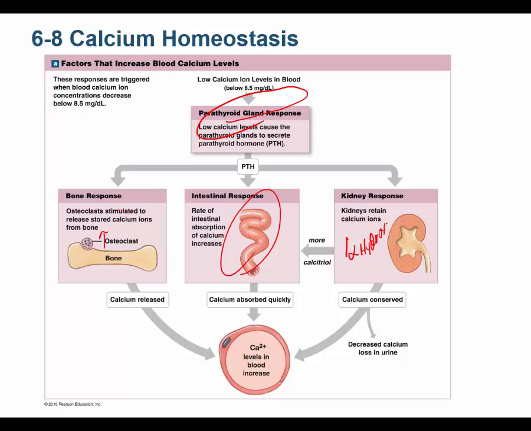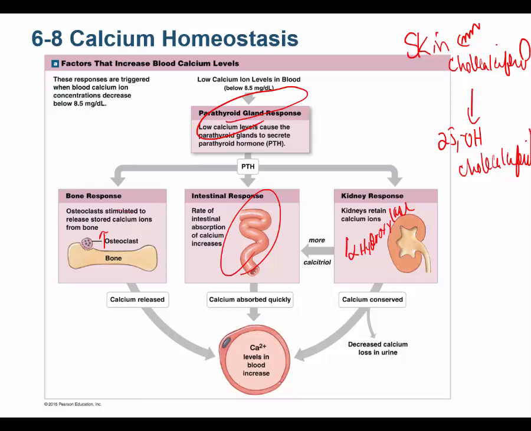Now, I'm going to take you back to the skin chapter. Remember, in my skin, I have cholecalciferol. And sunlight hits my skin, and I make cholecalciferol. And then what happens is that goes to the liver and becomes 25-hydroxycholecalciferol.